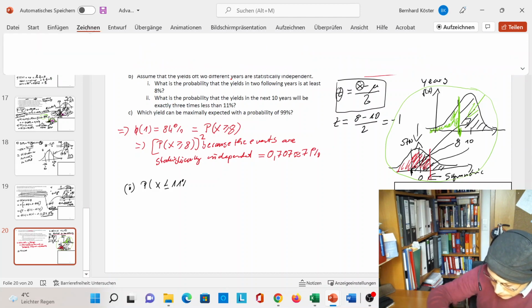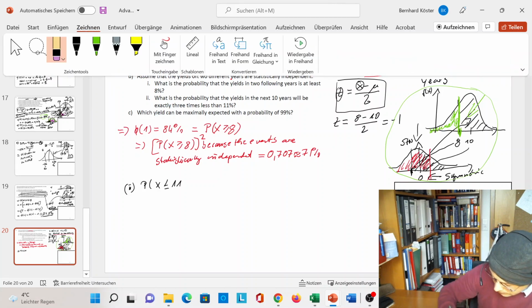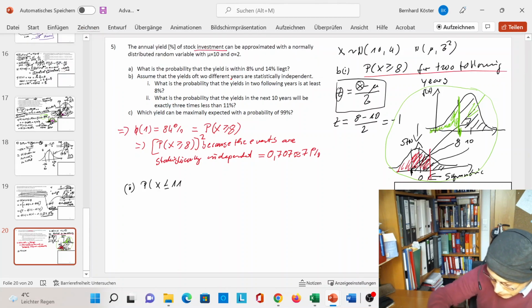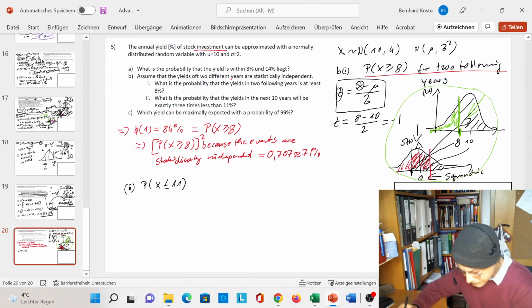Well, I didn't write the percentage sign, so I leave it out in this case too. So how do we obtain the probability of x is smaller than 11?